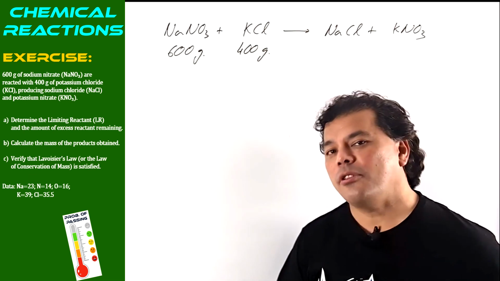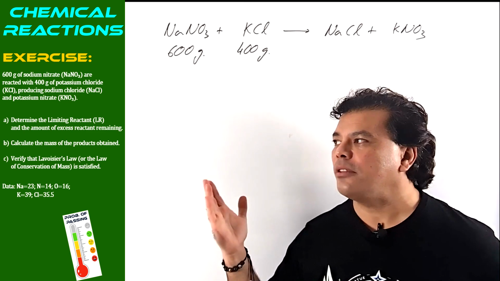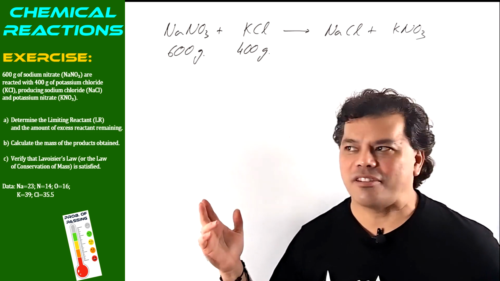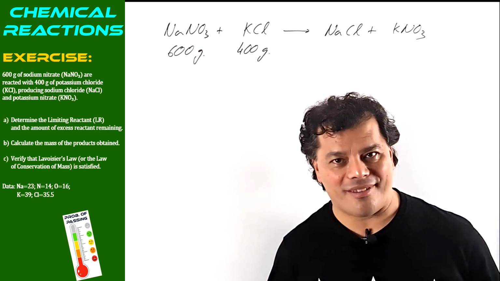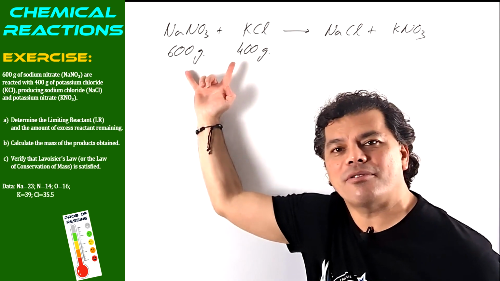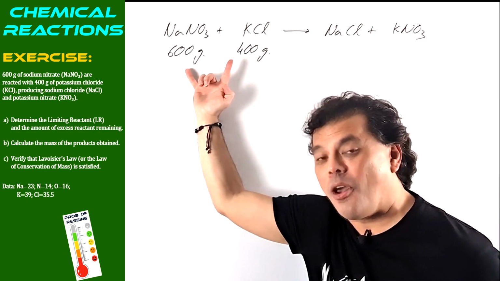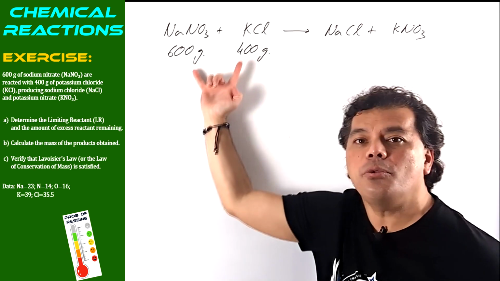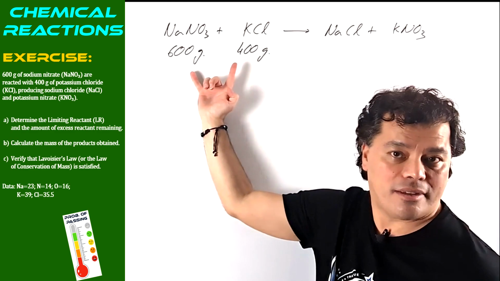And how do we know that we have to calculate the limiting reactant? Not only because Section A is asking us to do it, but always whenever you are given amounts of 2 reagents at the same time, as in this case.